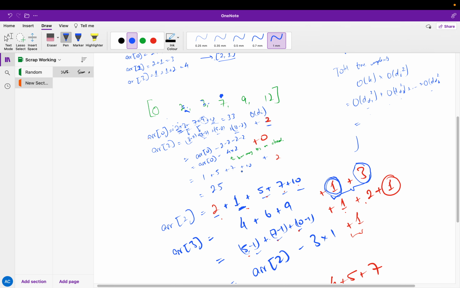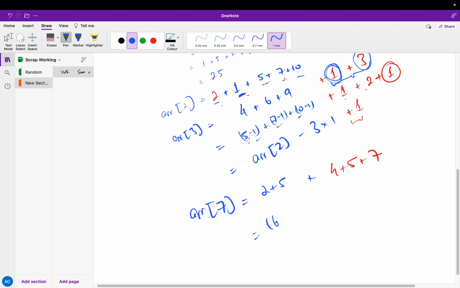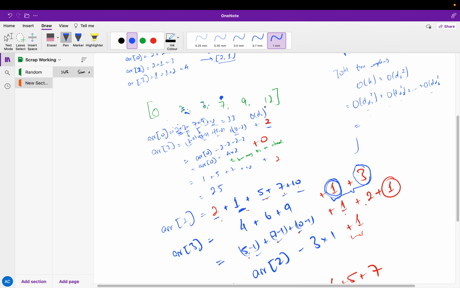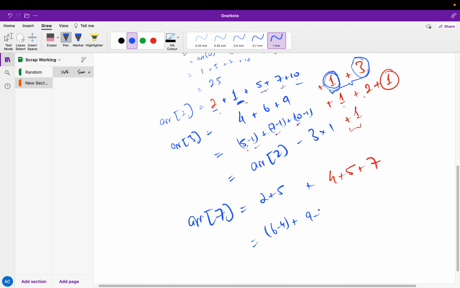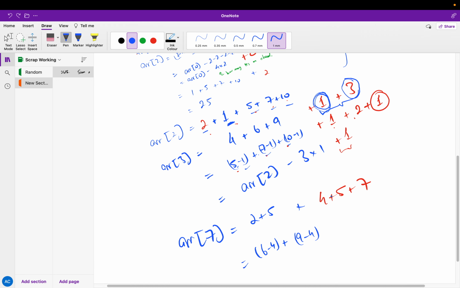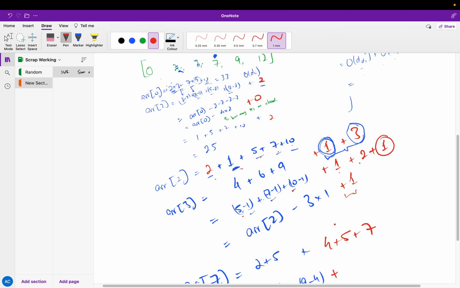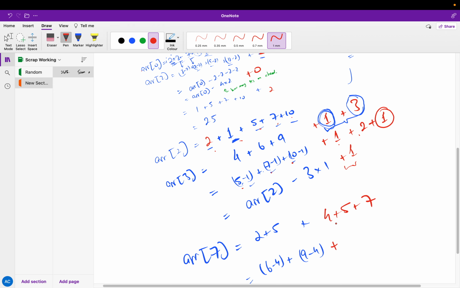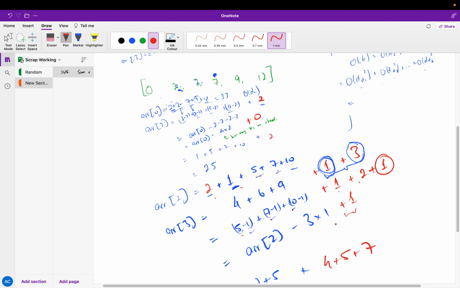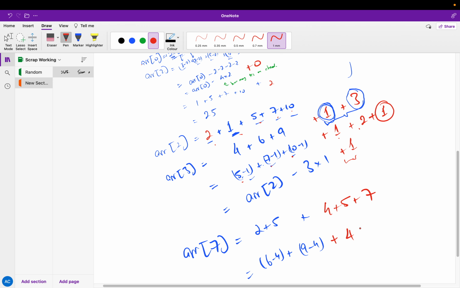So using those similar ideas, it can be written as 6 minus 4 plus 9 minus 4. Right, 2 and 5 become that. Plus the 4, the 5, and the 7.